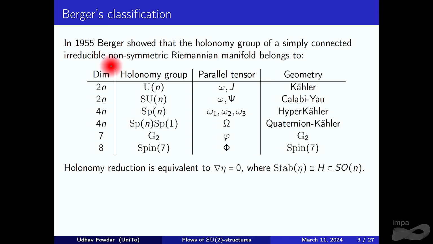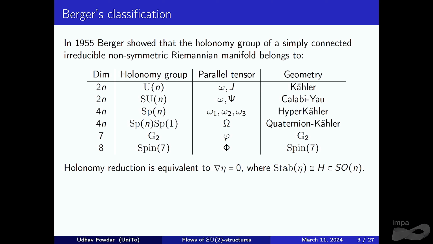Okay, so in the Kähler case, for instance, you have your Kähler form and you have the complex structure, which are both covariantly constant with respect to the Levi-Civita connection. Now, in all of these cases, you don't need to specify a metric. All you have to do is specify the underlying tensor, and you have to ask that this tensor is covariantly constant with respect to the Levi-Civita connection.